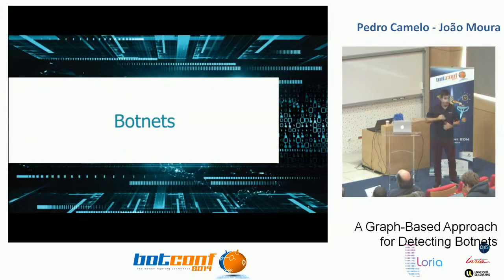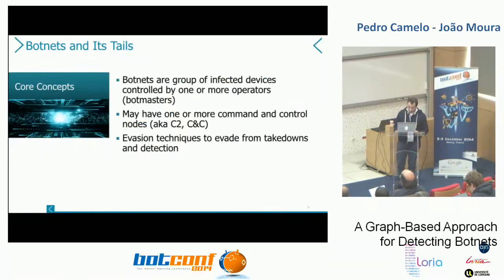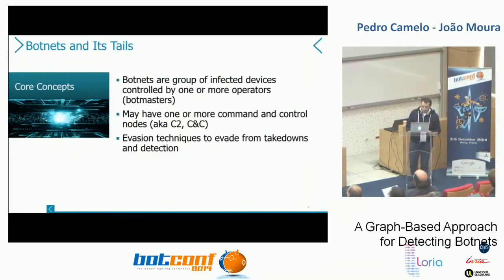So I'll give the floor back to Pedro. Thank you, Joao. So I will briefly talk about botnets. You already know how they work and what type of evasions they have. They are usually composed of one master or more nodes called C2 or CNC, from command and control.